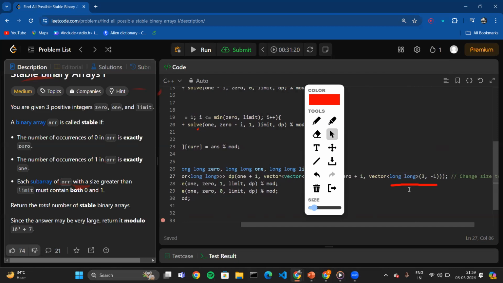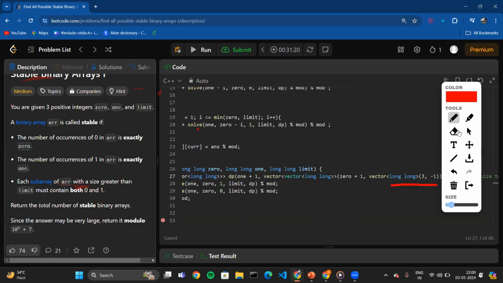Also, we need the current element state which is going on, the limit which is given in the question, and a count which denotes whether you are within the limit or not. So we need to think of a solution which satisfies this. Now let us see the solution.